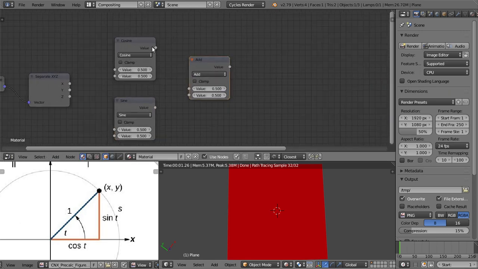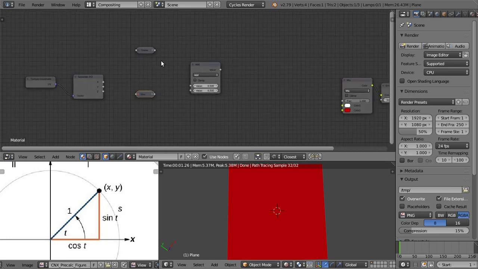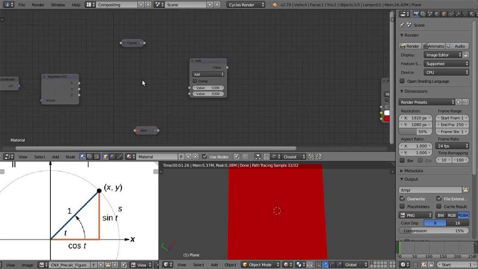For sine and cosine, we only have two outputs. So I'm just going to narrow down the nodes real quick. Any more than that, like so.